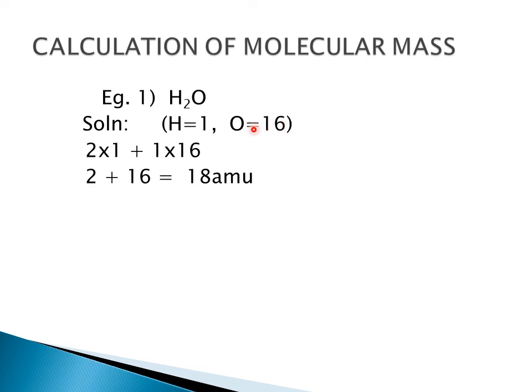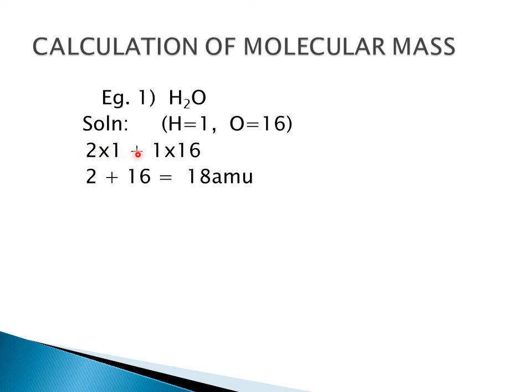Now let us see how we can calculate. We know that in a water molecule there are two hydrogen atoms. The mass of one atom of hydrogen is 1. Therefore, what will be the mass of two atoms of hydrogen? There we have to write like this. There are two atoms, therefore 2 into 1. 1 is the atomic mass of hydrogen. Since there are two atoms of hydrogen, we write it as 2 into 1.